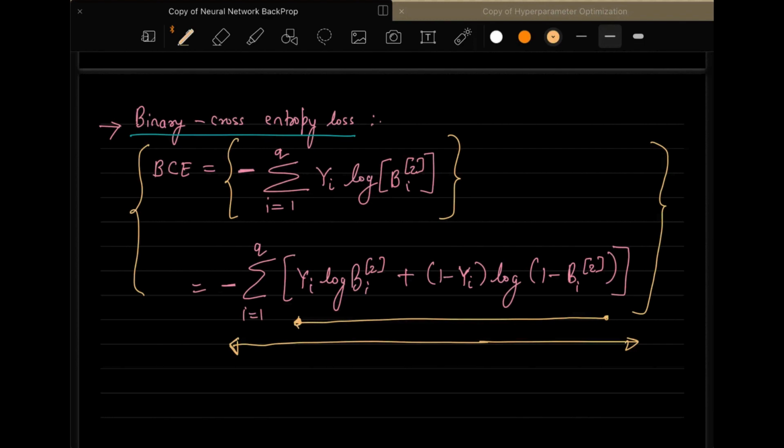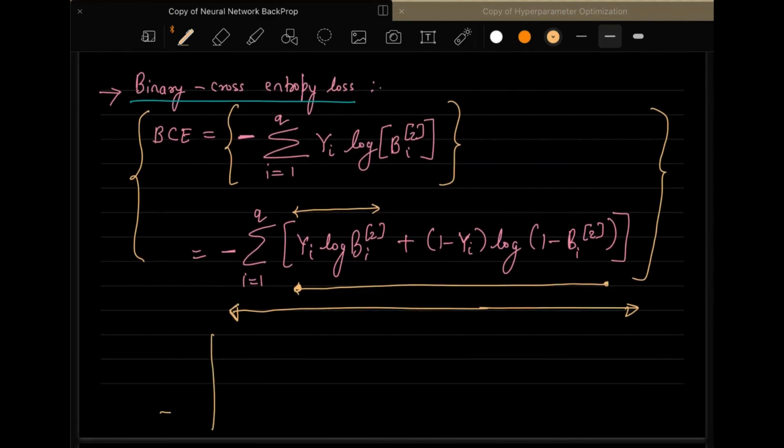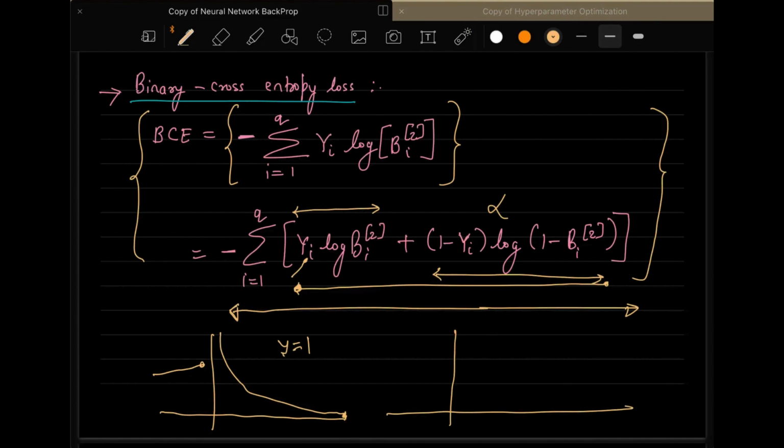I had already discussed the curve for the case when y is equal to 1, because if you put y equal to 1 here, this side will go away. Now we will discuss when y is equal to 0, because binary cross entropy means the label is either 0 or 1.